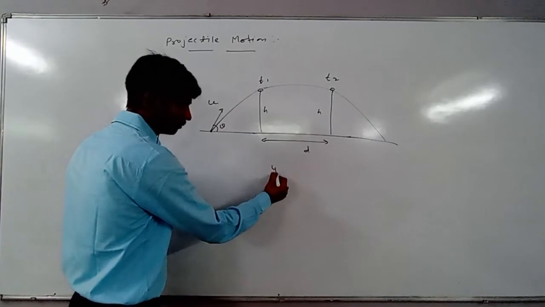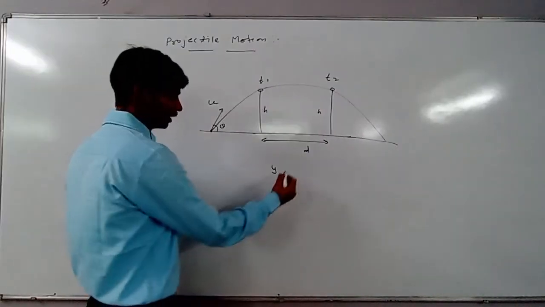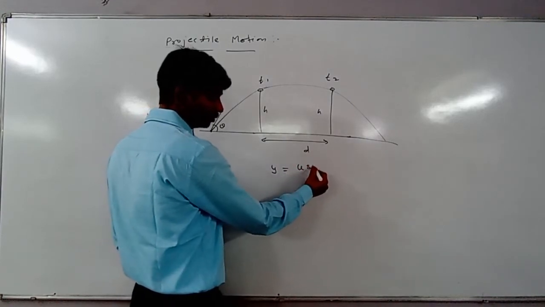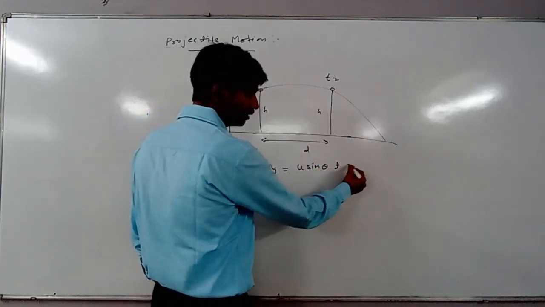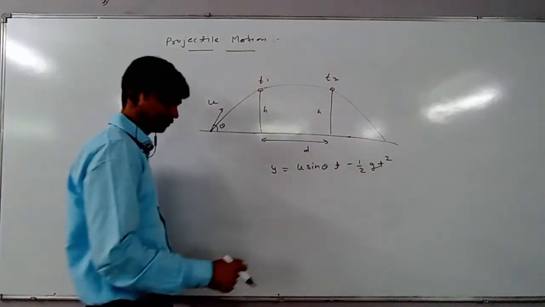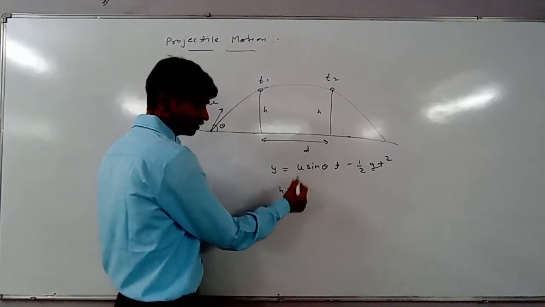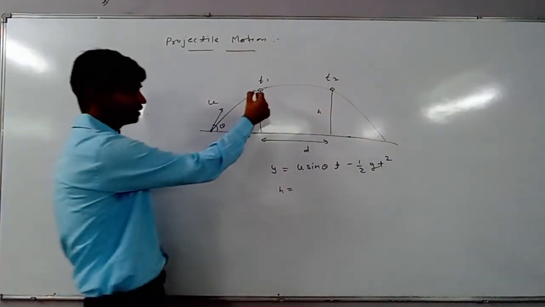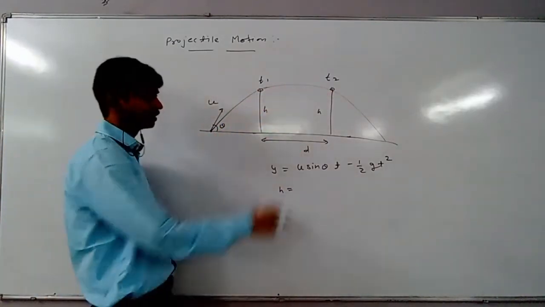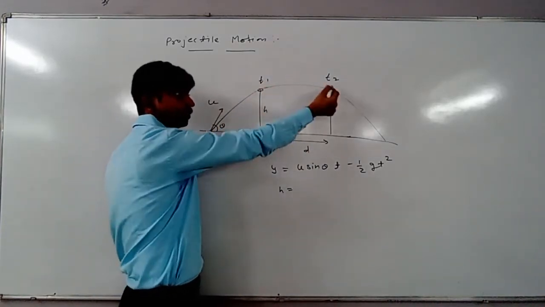Okay, let me tell you. Take y is equal to u sin theta t minus half gt square. Why? Let me explain. This is the quadratic equation in which if we put y equal to h, it means there are two possibilities. There are two times when y is equal to h, at this point and this point.